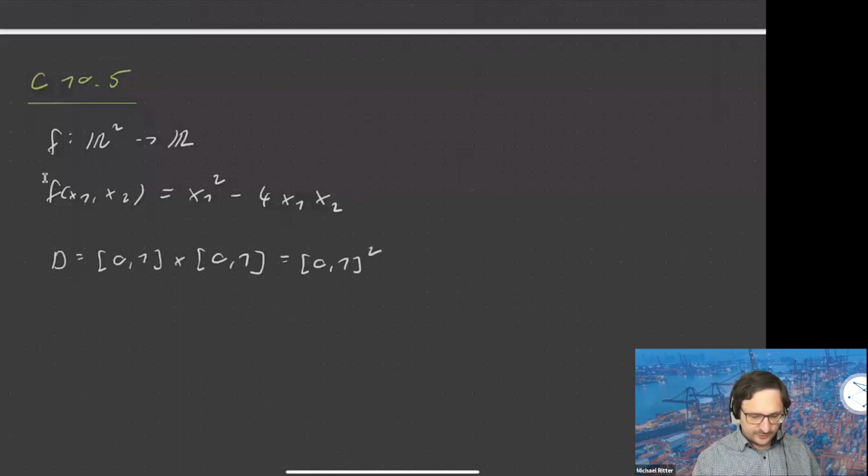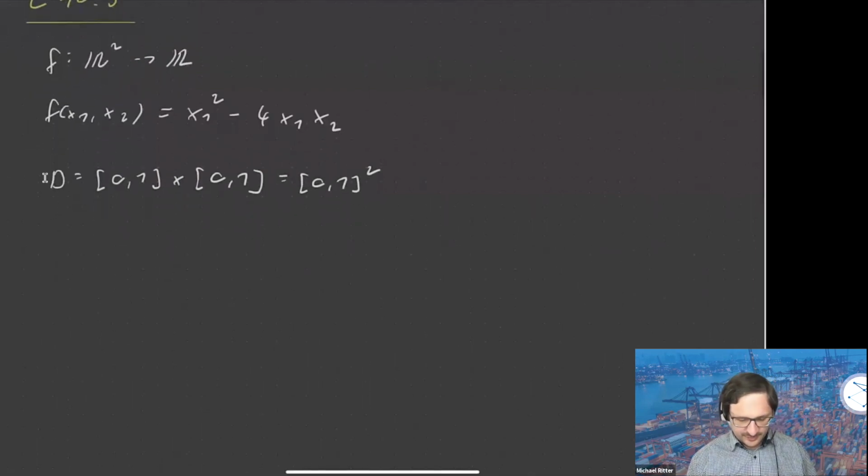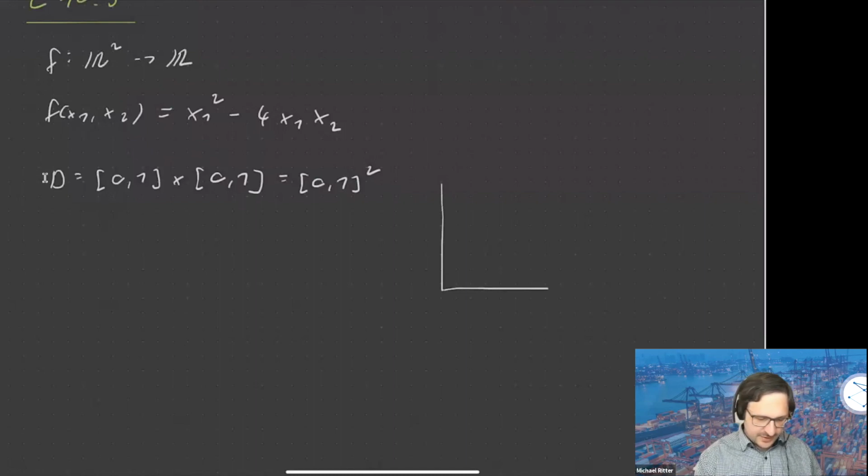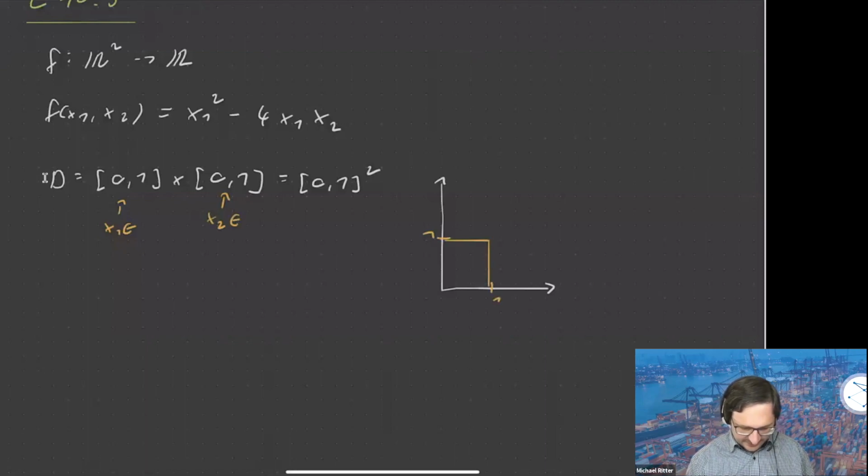Just to be sure about this, this is the box where both x1 and x2 coordinates vary between 0 and 1. That means x1 is in this interval here, x2 is in this interval here. So the box that we have, if this is 1 and this is 1, is exactly this one here.